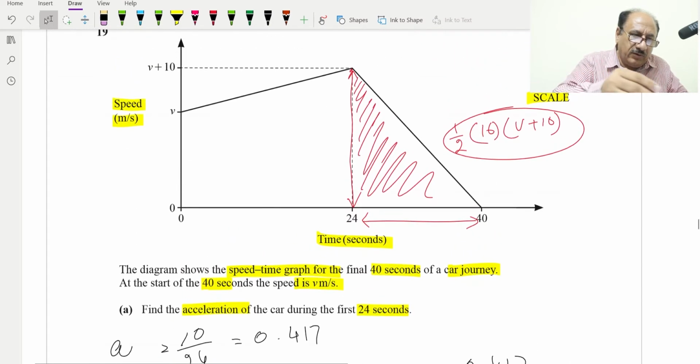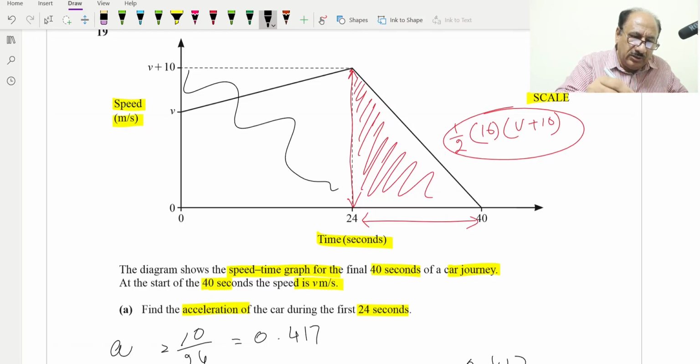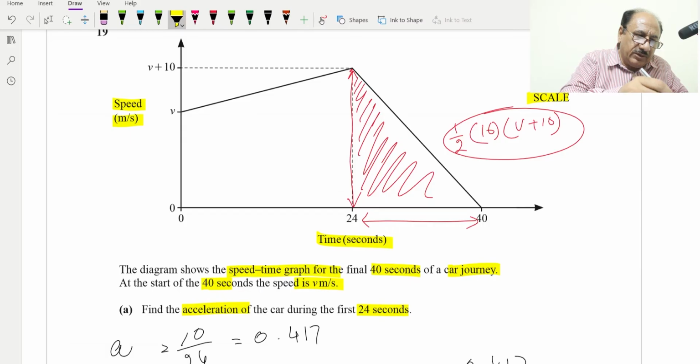And then we can find the area of this whole portion, and then we will subtract the area of this extra triangle. So first of all, we will calculate the area of this complete portion.